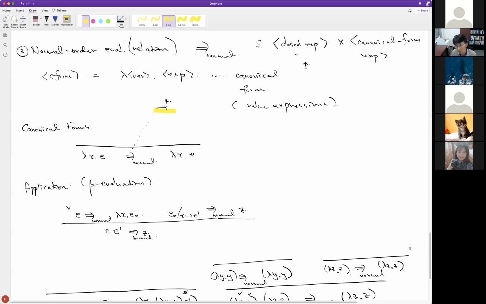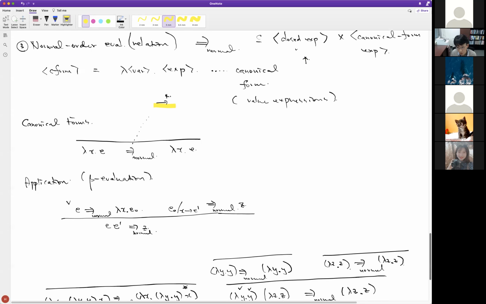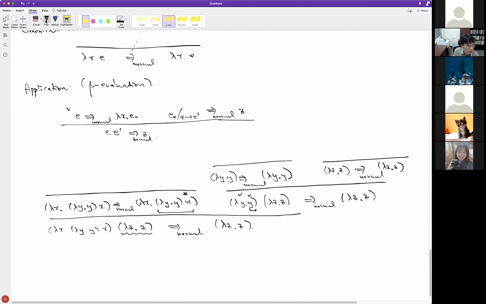Given a closed expression, is there any relationship between this normal order evaluation and the reduction? So the answer is yes, there is.